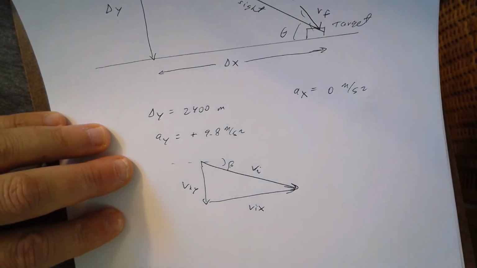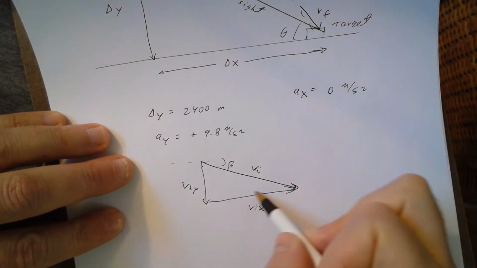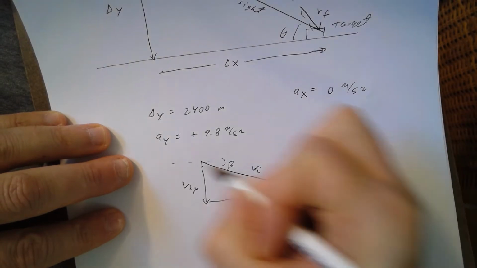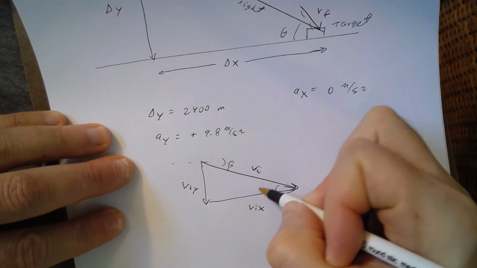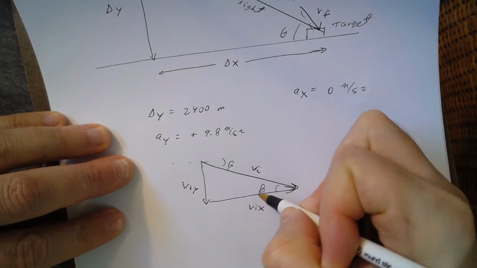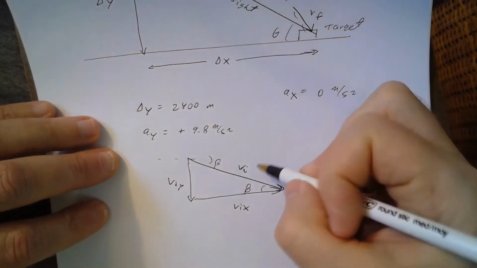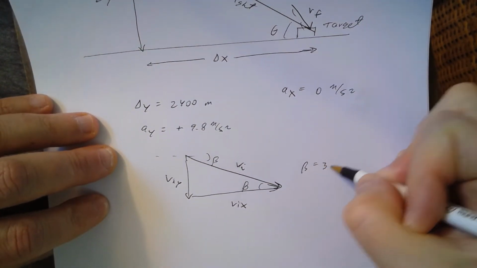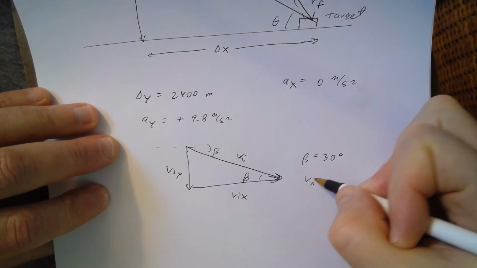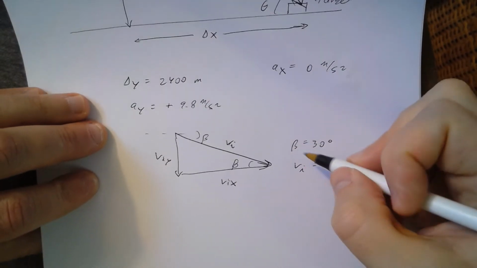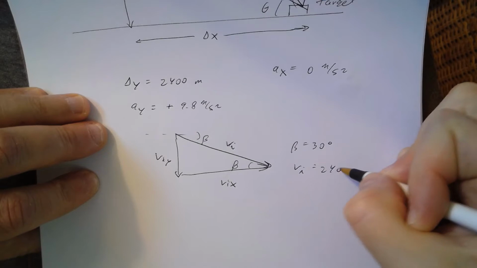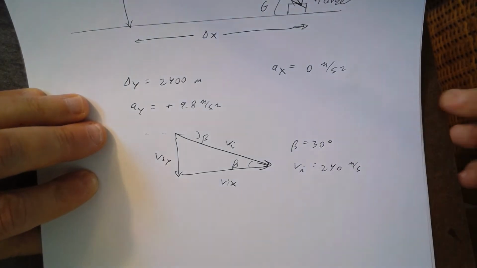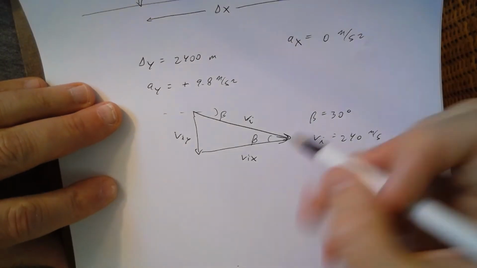And by parallel lines and an intersecting line here, that angle beta is also equal to this angle here. So we know that beta is 30 degrees. We know the hypotenuse of this triangle, the initial speed, is 240 meters per second. So I'm going to use my trig definitions here.